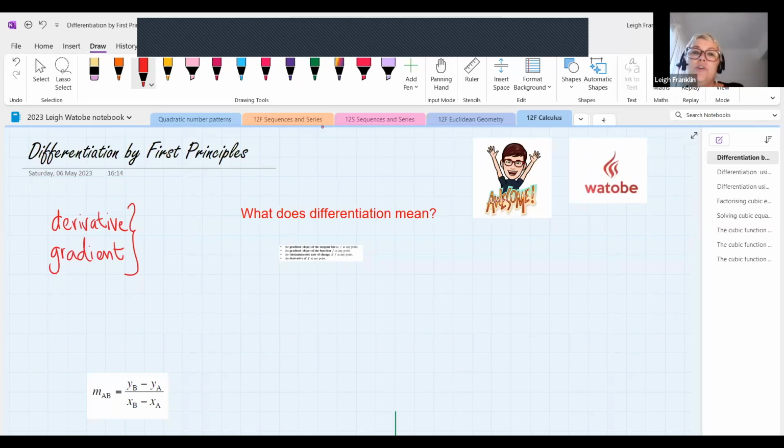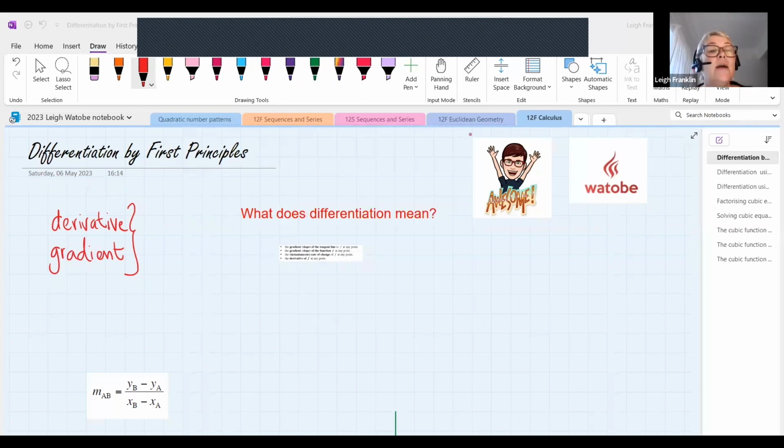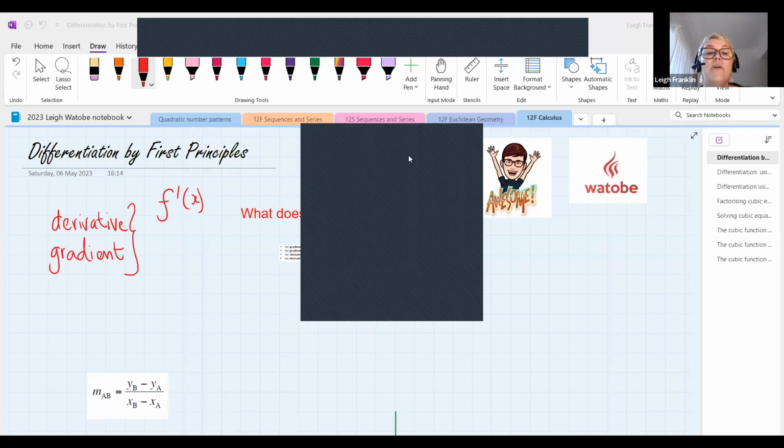Somebody's put something into the chat, f prime x. Yes, Linda, you're quite right. F prime x is the notation that we use when we're talking about differentiation. Absolutely. Very nice formal definition there: the derivative is the gradient of a tangent to the function at a point on the curve.